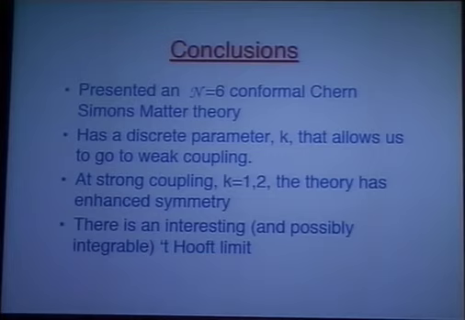Well, it's good in some region. At strong coupling, for k equal to 1 and 2, the theory has an enhanced symmetry, and there is an interesting Toft limit, possibly integrable. That's still yet to be confirmed, but there is an interesting area of research in that direction.